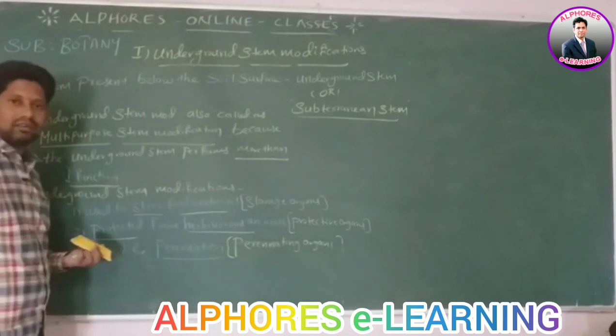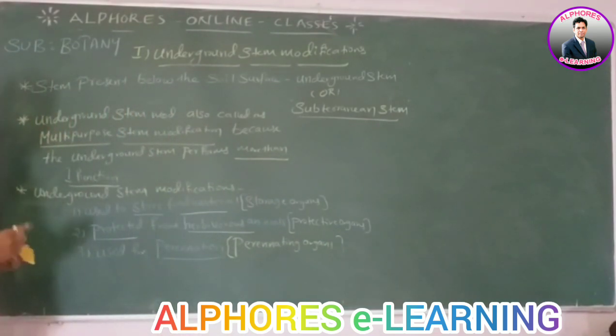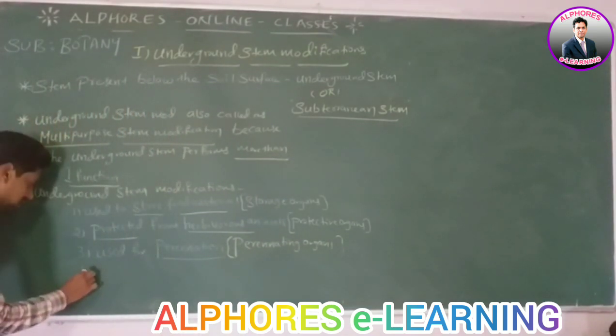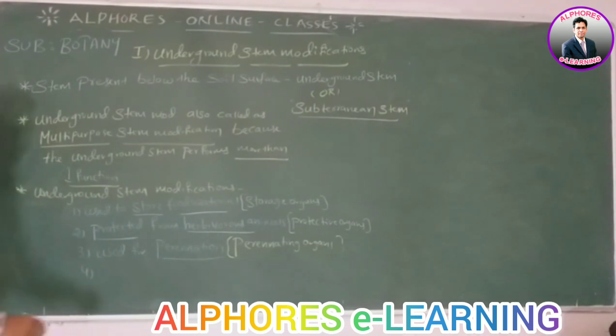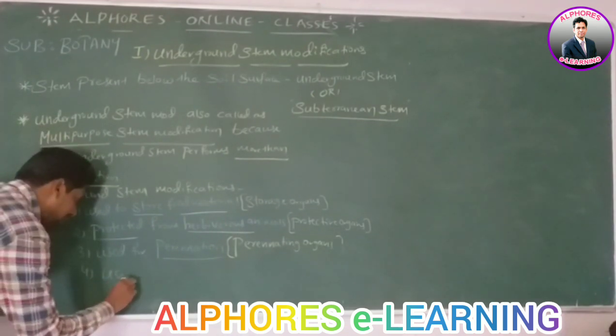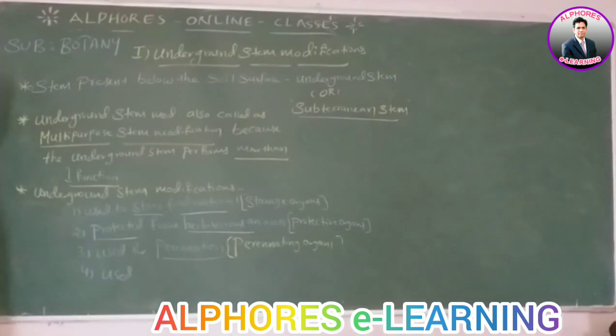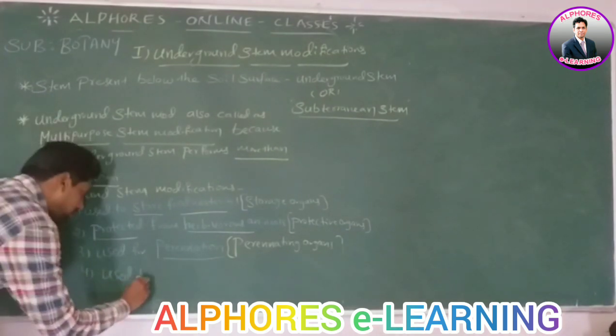Is it okay? Right? We'll go for the last one. These underground stem modifications are used for vegetative propagation. What is another name for vegetative propagation? Vegetative reproduction.